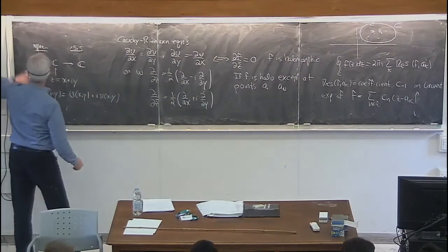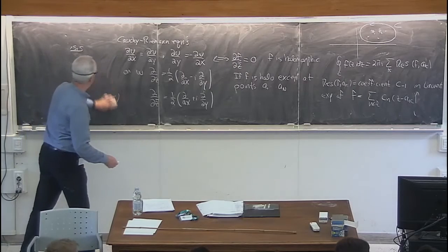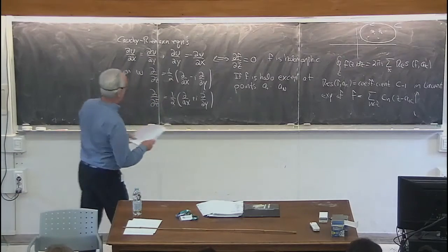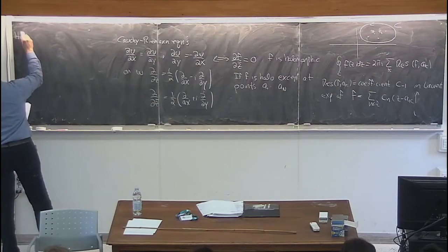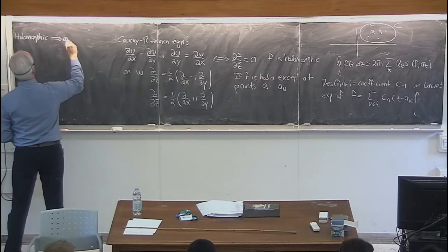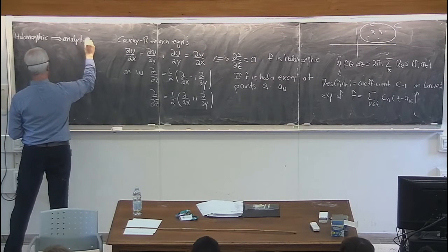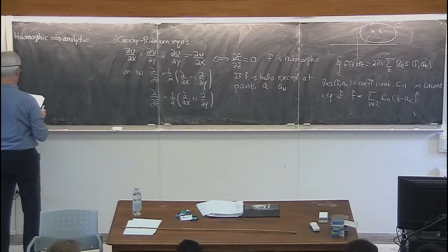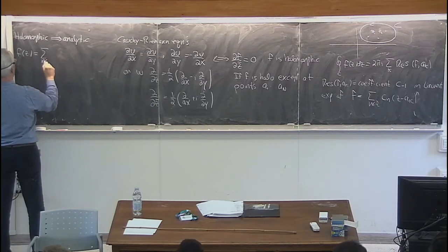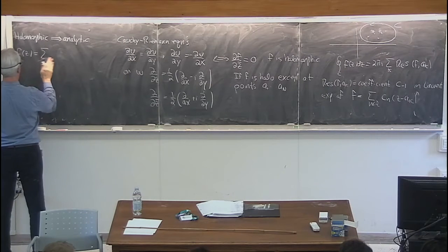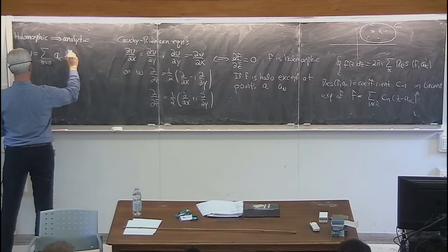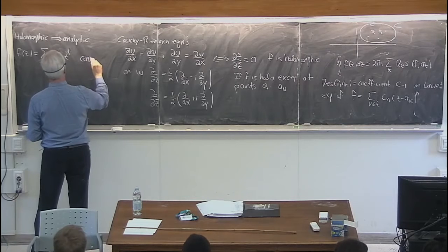There's one more important result which we will use several times to determine that certain functions are equal to each other. And that is that if you have a function which is holomorphic, that implies that it is analytic, which means that you can write an expansion about some point which converges.